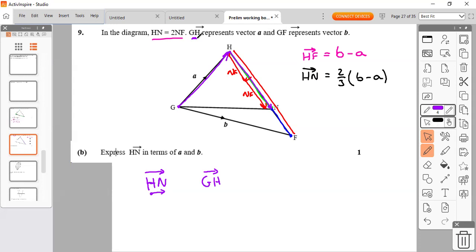Daniel, can I ask a wee quick question? Go for it. Am I right in understanding that vectors ignore distance then? When you add up the distance that would be visualized between A and B, HN is not 2/3 of that distance, because the distance you go from H to G, then G to F, is substantially longer than going from H to F. The point is you end up in the same place.